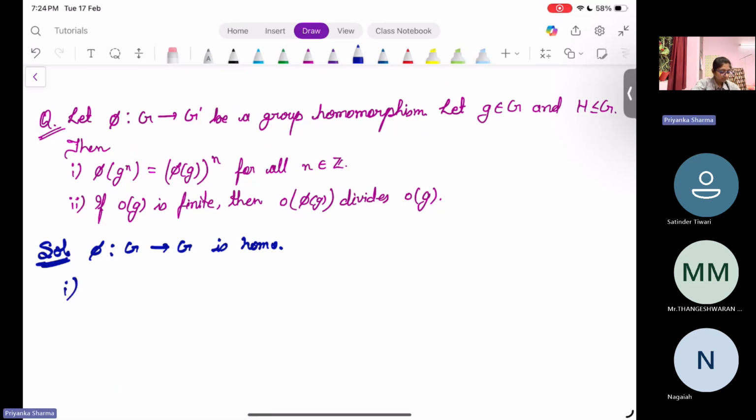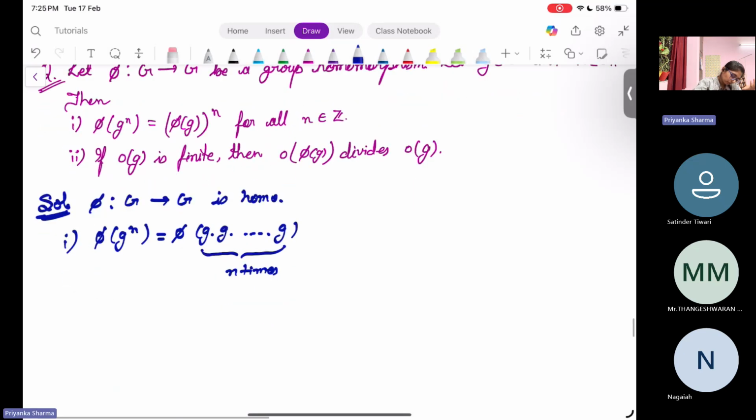Then phi of g to the power n will be phi of g to the power n, which is actually obvious. Why? What will be phi of g to the power n? This will be phi of g into g, how many times? n times. But phi is a group homomorphism, so this will be phi of g into phi of g, phi of g n times.